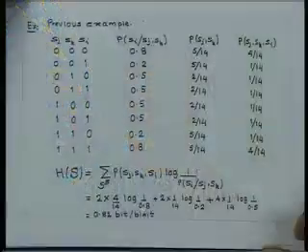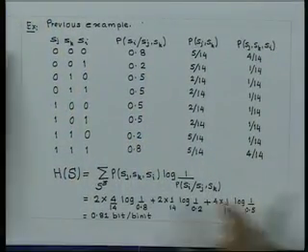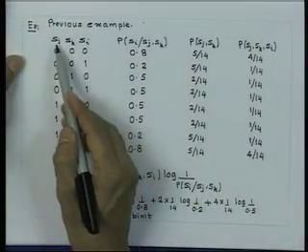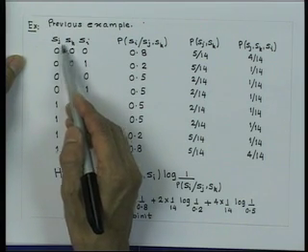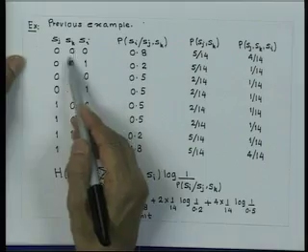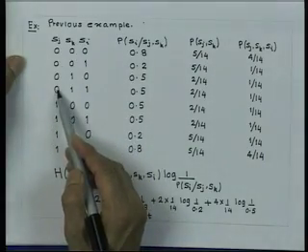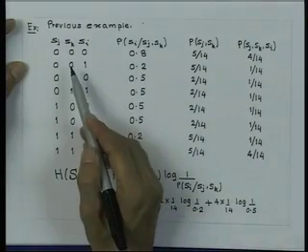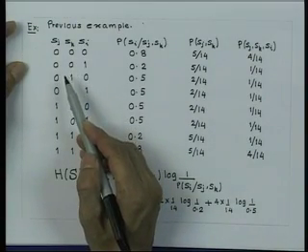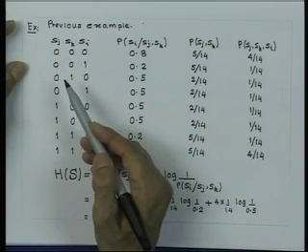So this is the previous example which I have. Let us try to understand what I have written here. So, Sj Sk denotes the particular state. I have 4 states: 00, 01, 10, 11, these are the 4 states which I have, and in each state the source can emit either 0 or 1.